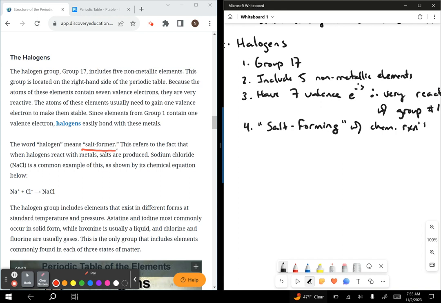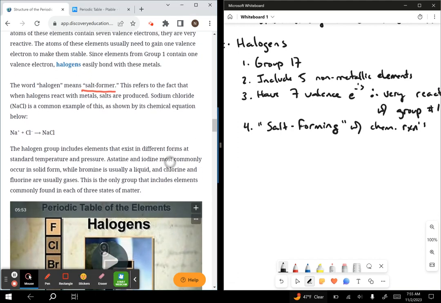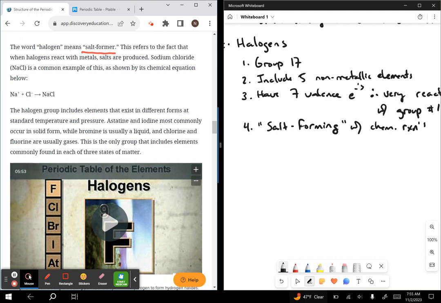If you go down and read through the following paragraphs, they give you some general descriptions. This is an interesting point: this is the only group that includes elements commonly found in each of the 3 states of matter. That might be worth noting.